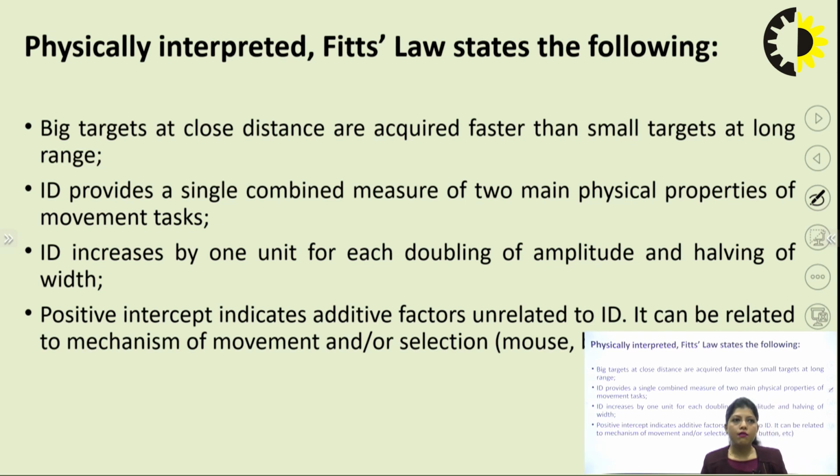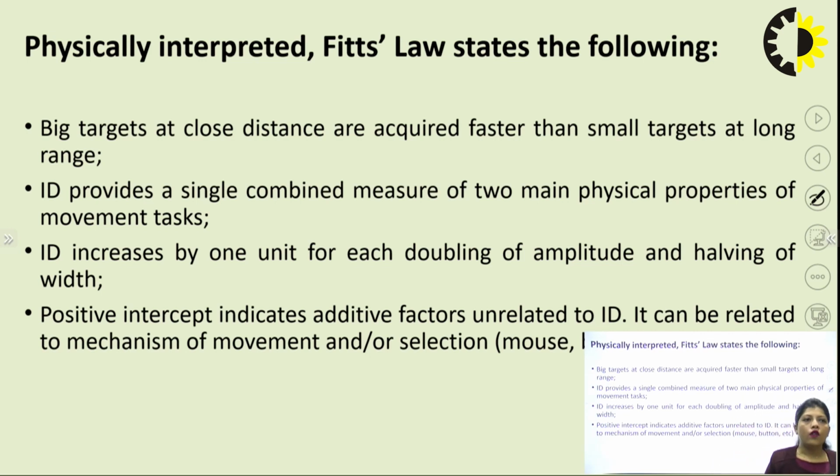ID increases by 1 unit for each doubling of amplitude and halving of width. So we can increase the index of difficulty by 1 unit by doubling the amplitude and halving the width of the target. A positive intercept indicates additive factors unrelated to ID.